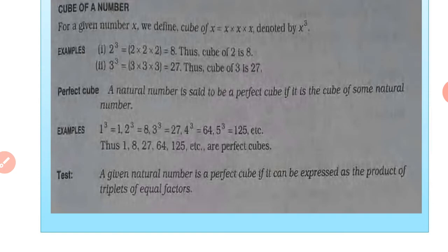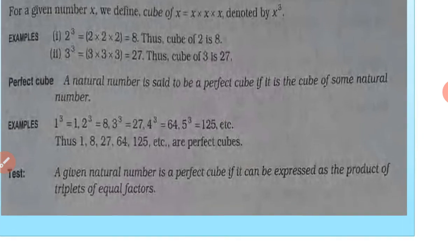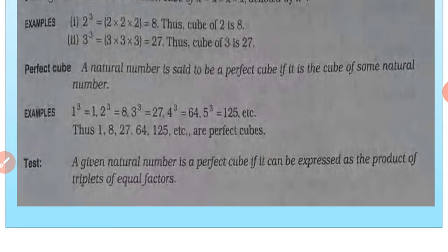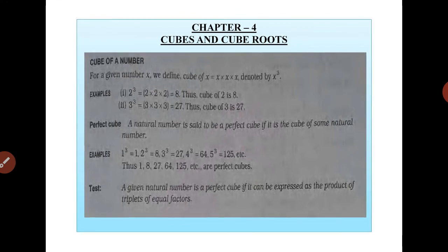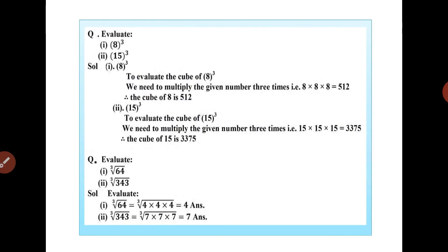So there are so many perfect cubes. Now we can take a test for checking a perfect cube number. A given natural number is a perfect cube if it can be expressed as the product of triplets of equal factors. So when it is expressed as the product of triplets of equal factors, then the given number will be a perfect cube.